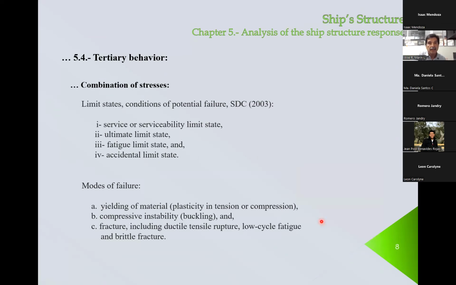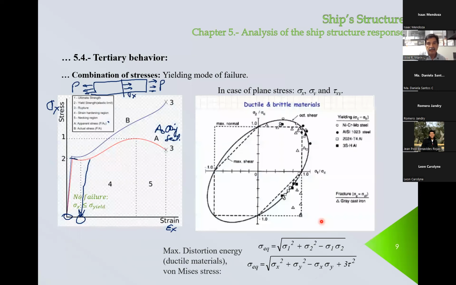I'm going to do an example, don't worry, in a few minutes. So you have sigma x, sigma y, and here you have this term, which is the combination. So we have to be careful, because depending on the stress sign, you could have an addition or a subtraction. Of course, we are conservative, so we have to consider the worst situation, right?